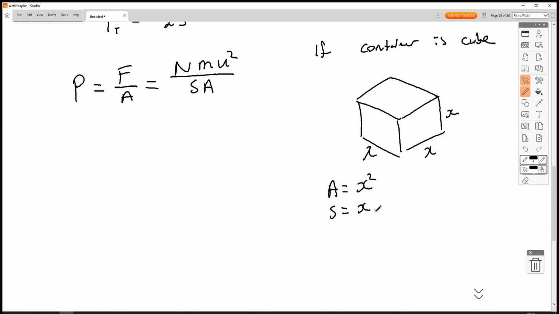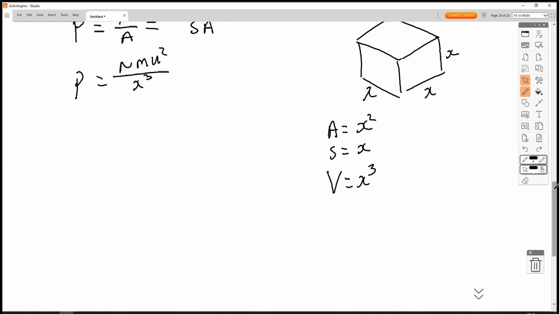So therefore, at the bottom here, we've got pressure equals nmu squared over x cubed, and x cubed is the volume of our container, which gives us P equals nmu squared over V, which gives us PV equals nmu squared.